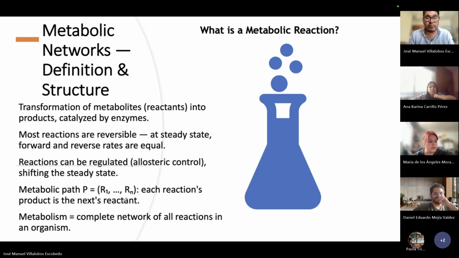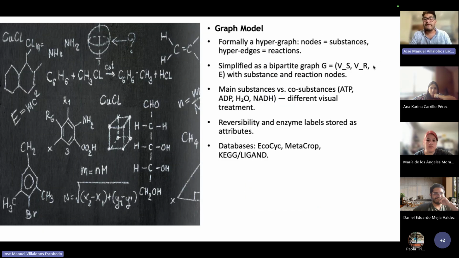So what kind of plot can we see, or what kind of graph can we see in these reactions? We will have nodes that represent substances and reactions, and the entrance of this kind of plot is the substance, and the final part, or the output, is the final reaction of the nodes.